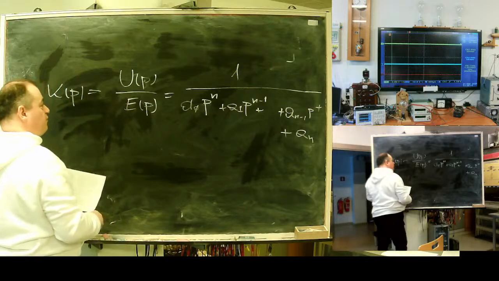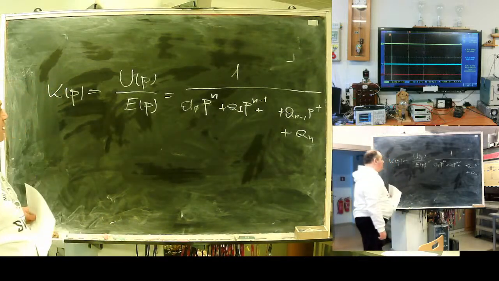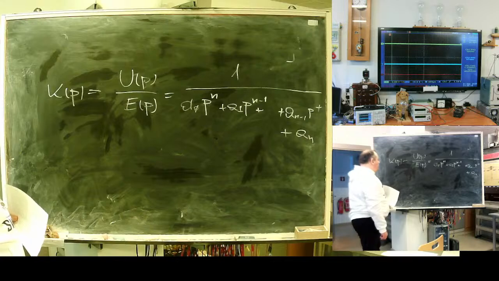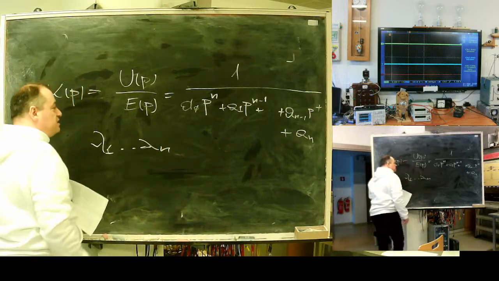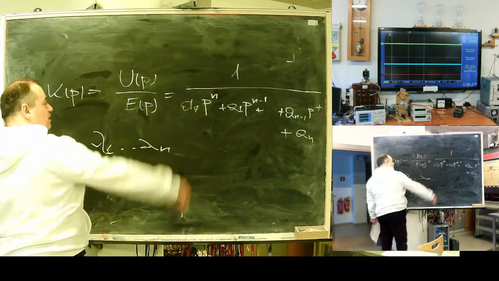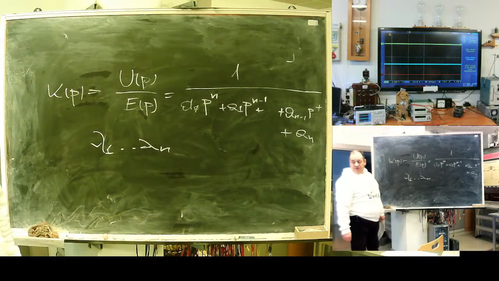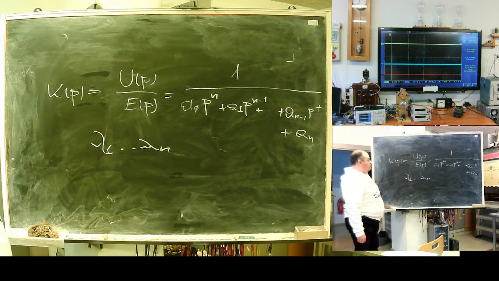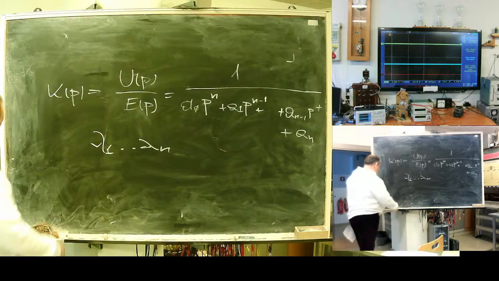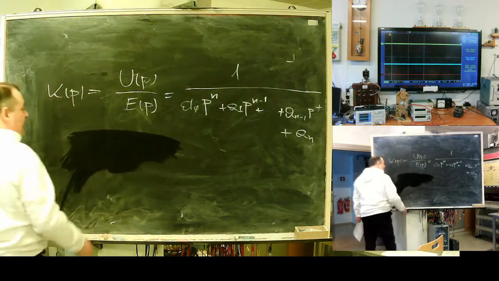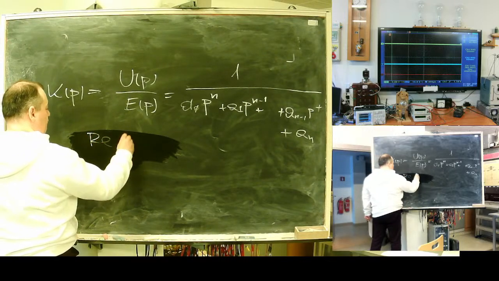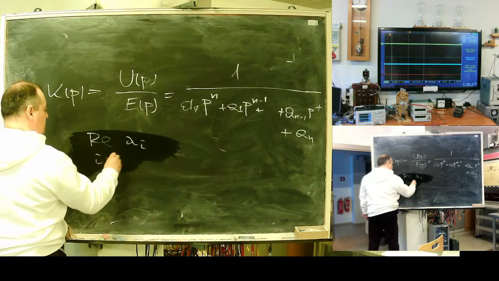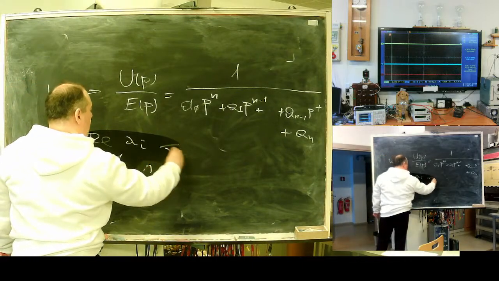I can write it in this form, with all lambdas. I will have roots lambda 1 to lambda n. These roots are the points where the denominator becomes 0, or poles of the transfer function. And the system is stable if the real parts of lambda i, for i from 1 to n, are all less than 0.